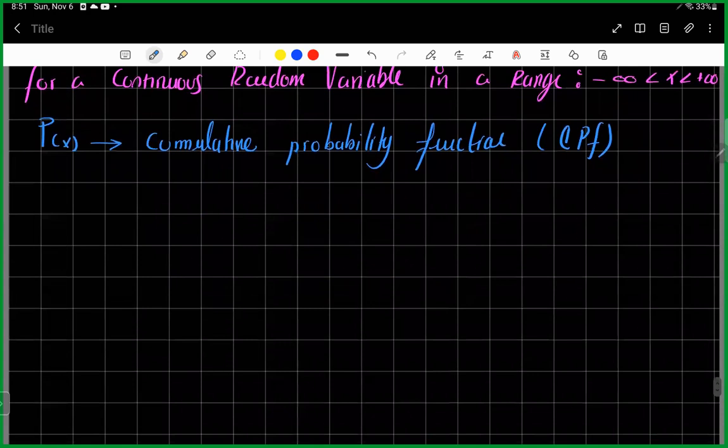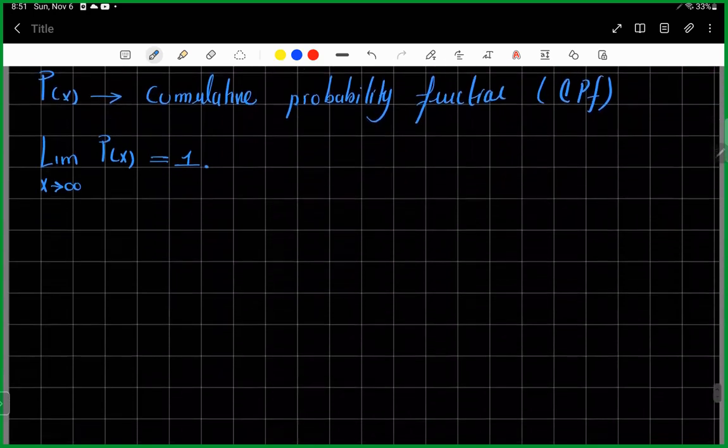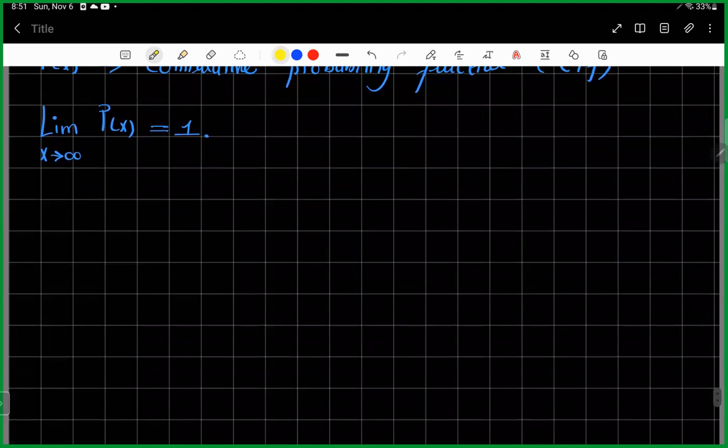Now, we can say this: the limit as x tends to infinity of P of x is equal to 1. Let me make a plot and see how it should look.